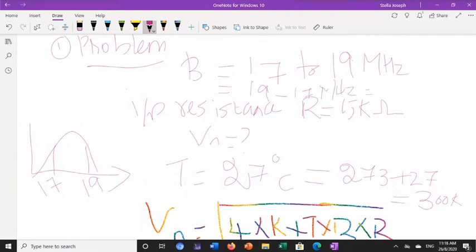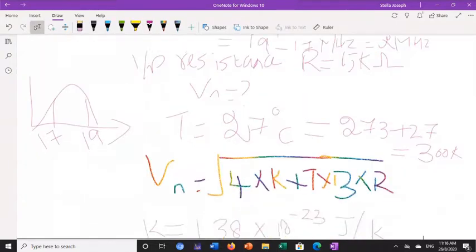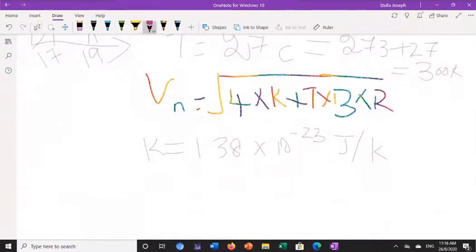That gives me 2 megahertz, so 2 into 10 power 6 hertz. Now substitute the formula.